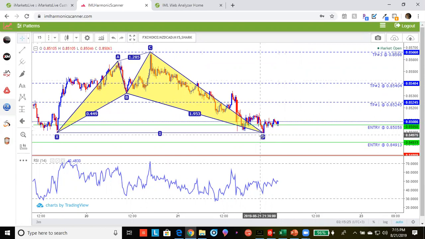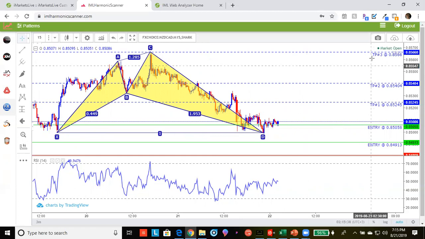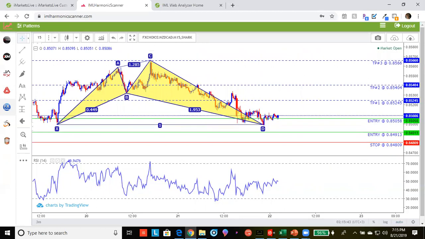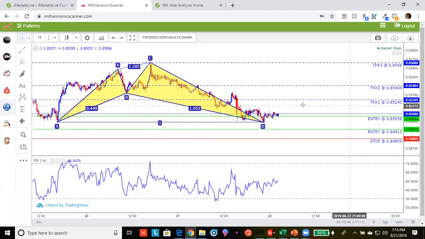If our D is low, we're looking at this going in an upward trend. The reason we'll take profit 1 is because it's closer to the entry. Take profit 2 is a medium risk, and take profit 3 is going to be a greater risk. And again, the Harmonic Scanner gives you all the answers, so we're basically plugging and playing.